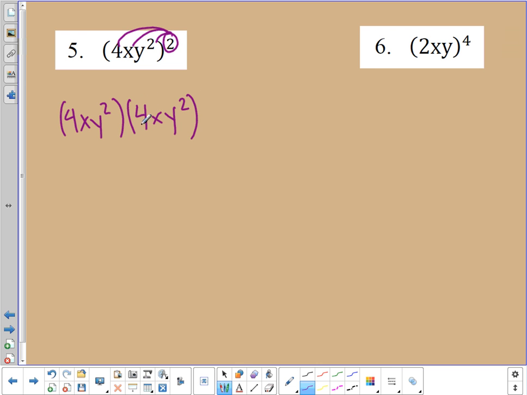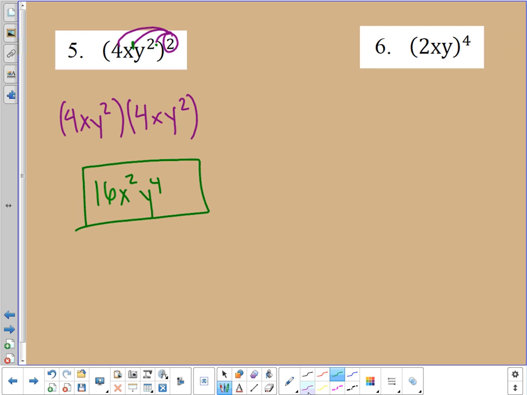Now, it's not so bad to write it out when you're only writing it out 2 times, but if you have to write it out like 10 times, it's helpful to know that rule that everything inside goes to the second power and that your exponents get multiplied together. So if I think about it that way, 4 to the second power is 16. X to the first to the second, 1 times 2 is 2. So that's x squared. Y to the second, 2 times 2 is 4. That's y to the fourth.